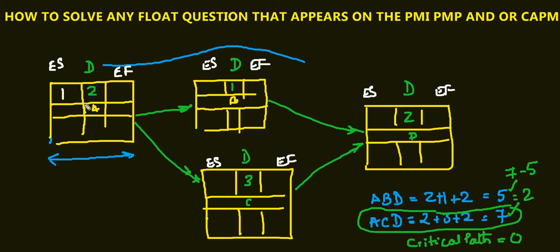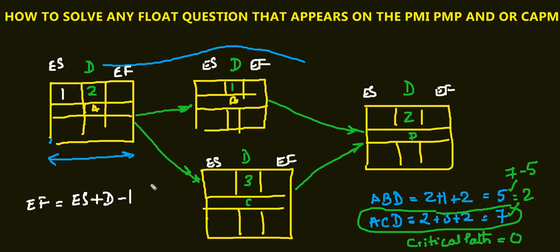This activity will start on day 1. Now we have a formula, and if you just follow this formula, things would be really easy. So the formula is like this: early finish is equal to early start plus duration minus 1.